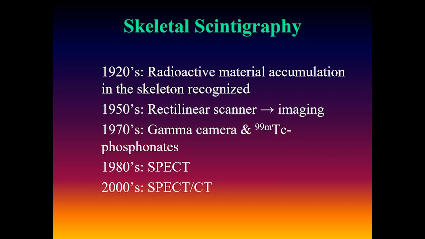In the 1970s, the nearly simultaneous development of the gamma camera and the technetium-99m labeled compounds made bone scanning widely available. In the 1980s, we had the development of cross-sectional imaging for nuclear medicine, SPECT, single photon emission computed tomography, and of course, most recently, the advent of hybrid imaging, SPECT-CT.